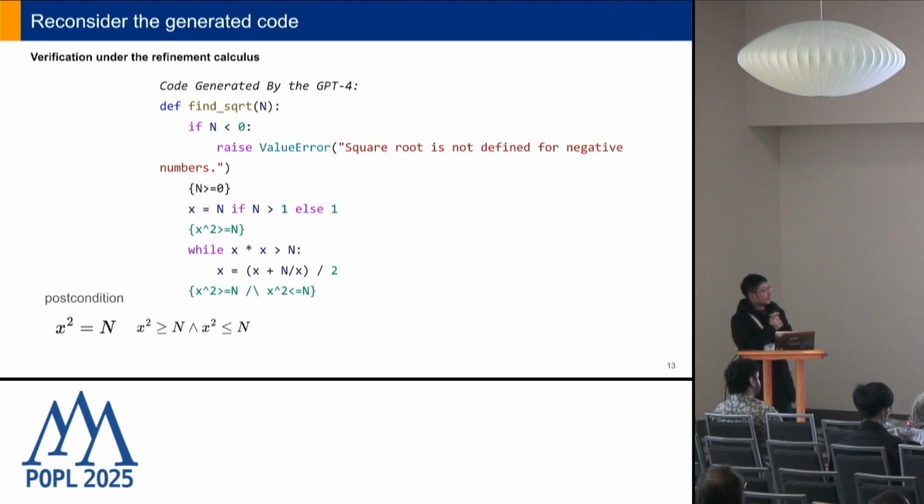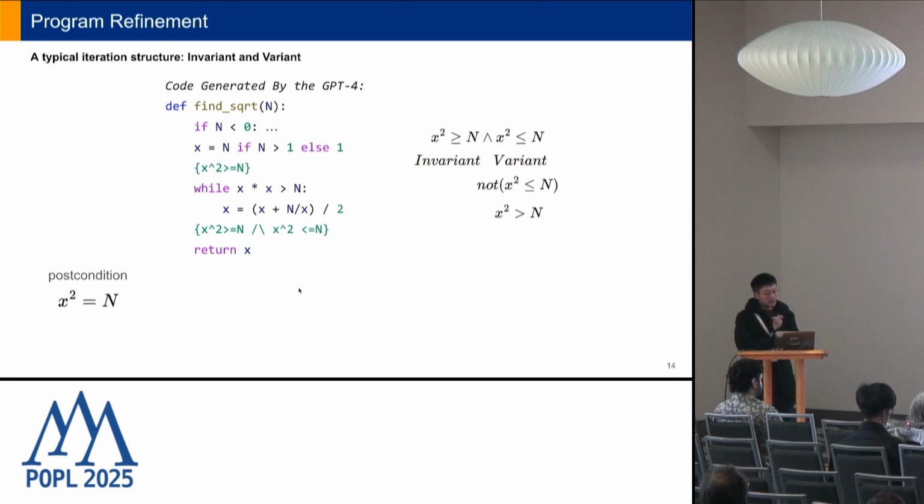We can split the postcondition into x squared larger than or equal to n and x squared less than or equal to n. Then we can find a clear structure of a while loop, where we first preserve the invariant x squared larger than or equal to n, and then we want to reach a state where x squared is also less than or equal to n. Based on that, we can build the invariant and variant and build the while loop with the guard condition.